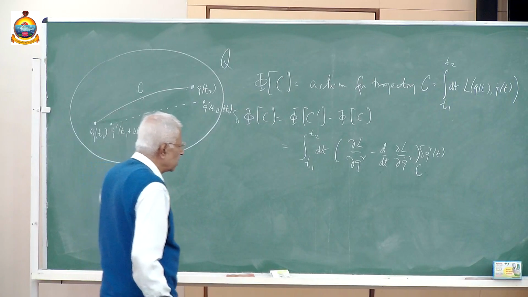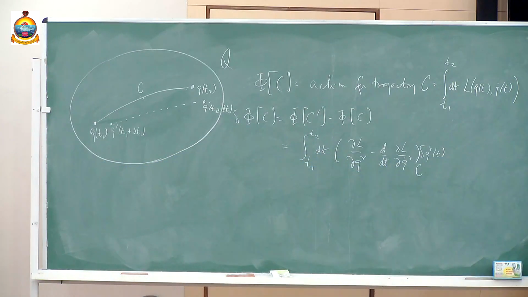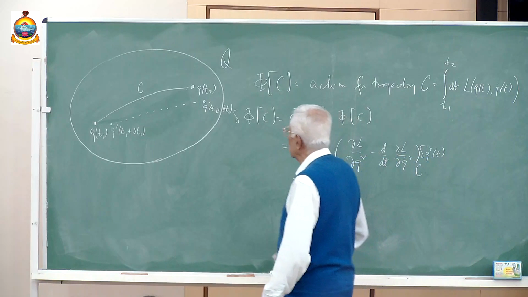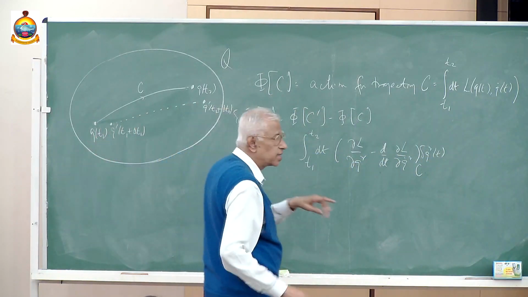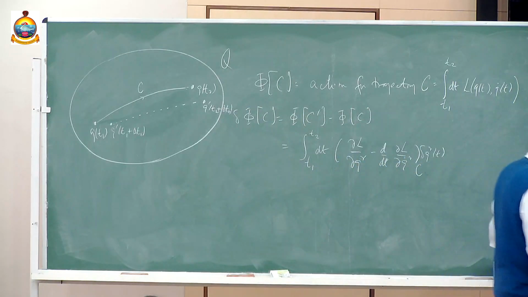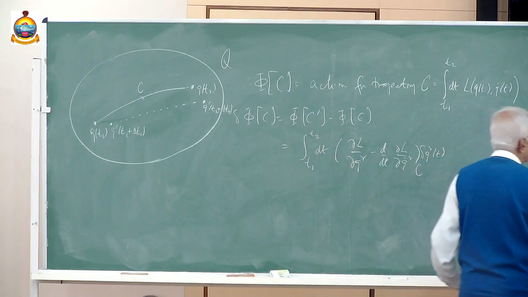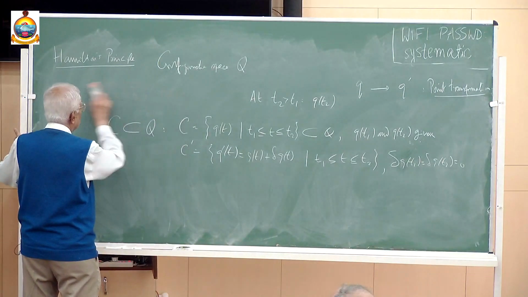So, this is the more general variation of the path which we consider. And then we ask the question, what is the expression for the change in the action under this kind of change in the path which we are specifying?